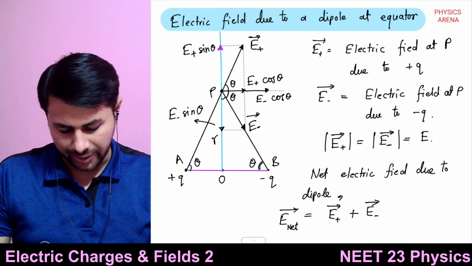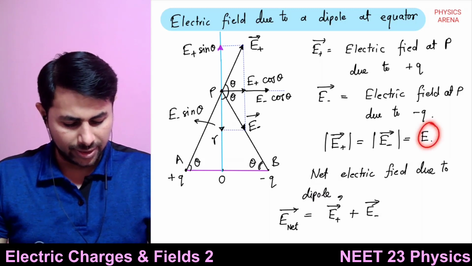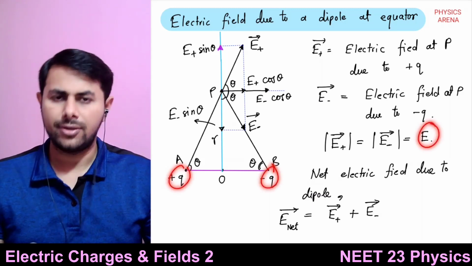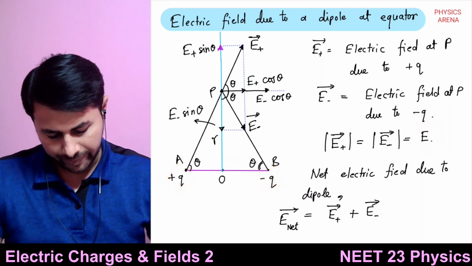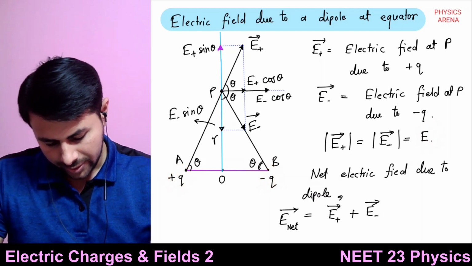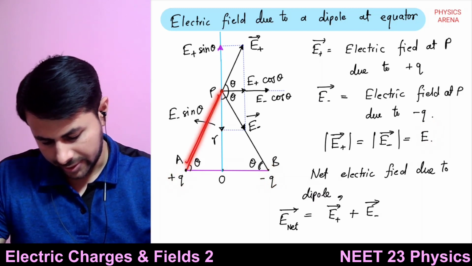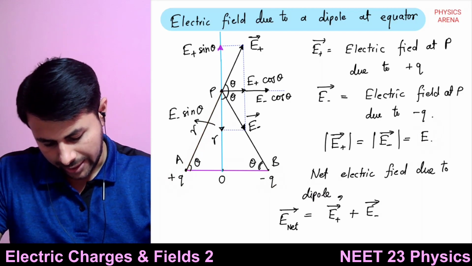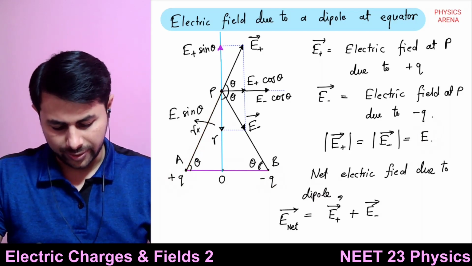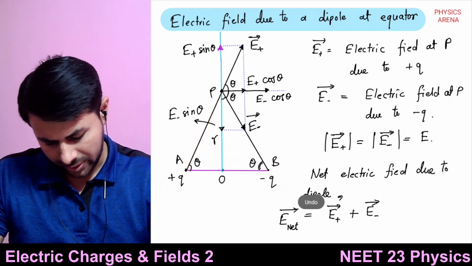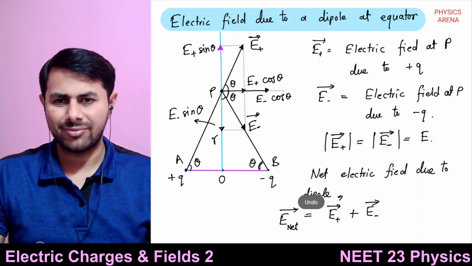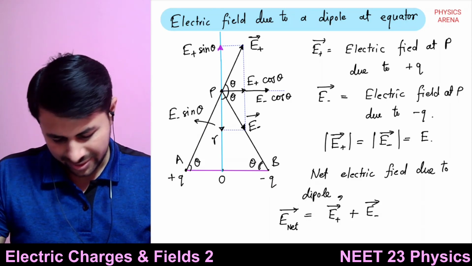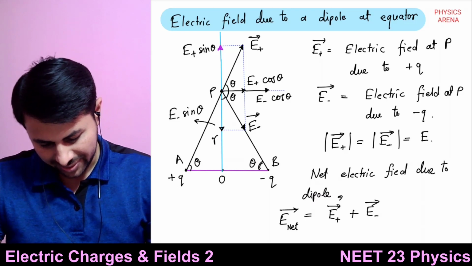Now how much is E? E is the magnitude of the electric field due to plus Q or minus Q. So see this distance, let's call it R plus. Can you see this diagram, or are there too many things?